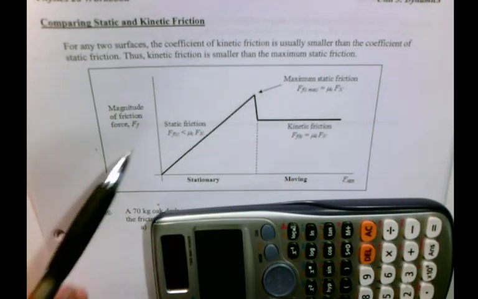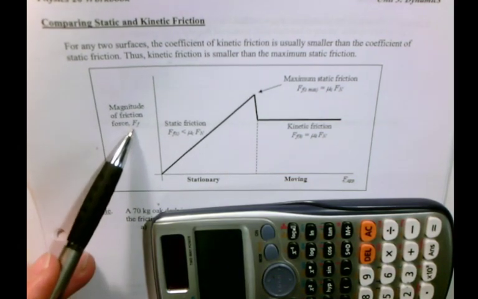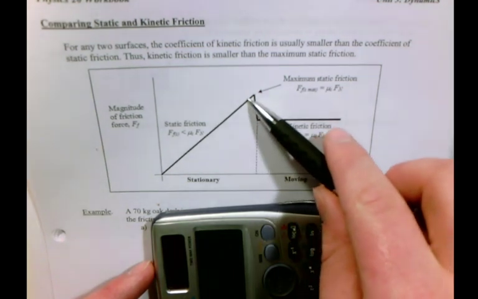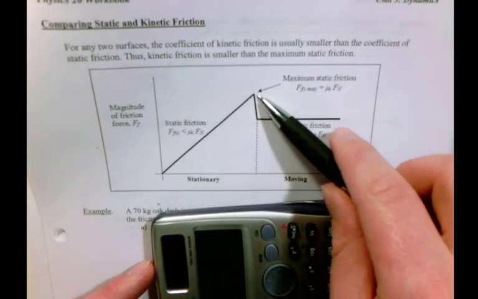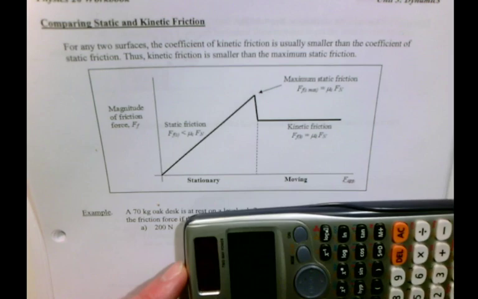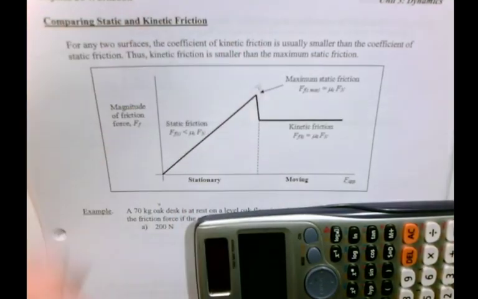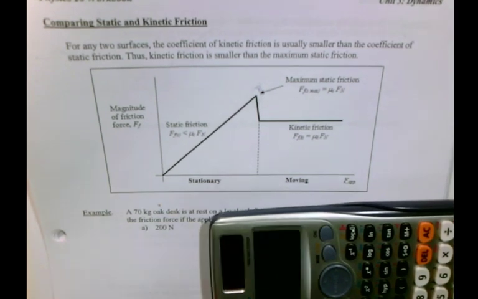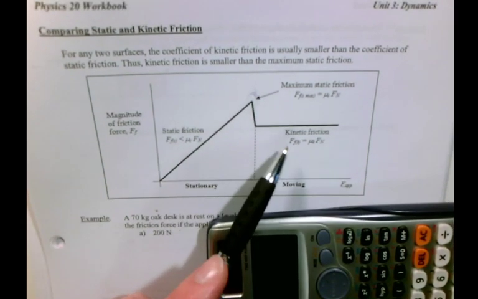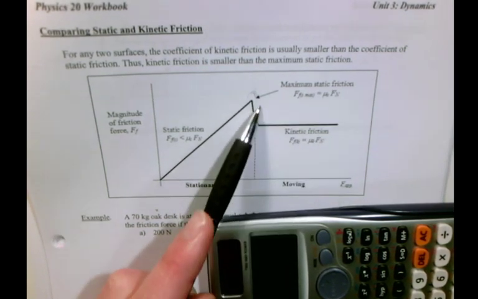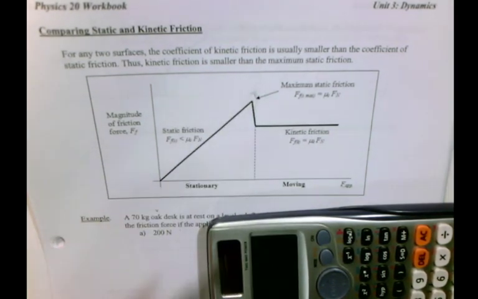So the force that I'm applying is still being matched by this friction force until eventually I reach this threshold, this maximum static friction. Now my calculator starts moving, right? So there's this peak, and as it starts moving, something very interesting happens. Now the kinetic friction is constant, right? It's a fixed amount, but it's lower than that maximum static friction, right?